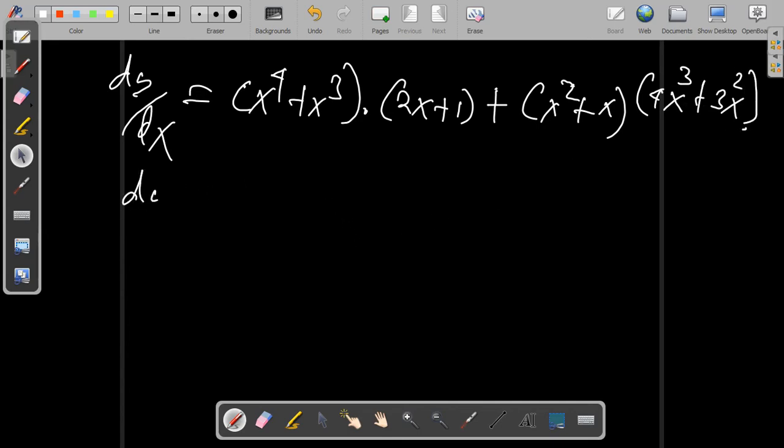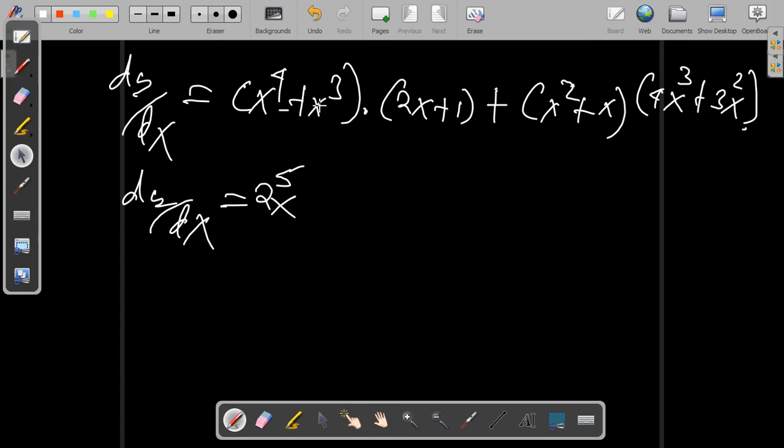So this will give you dy over dx equal to, when we multiply these figures, 2x times x raised to power 4 will give 2x raised to power 5.